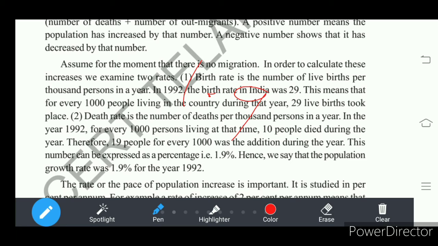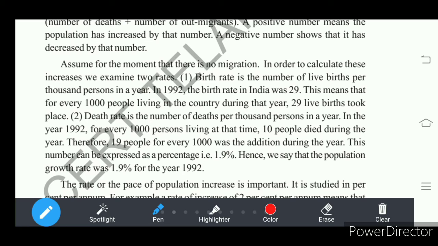How does it become 1.9? Look, it is 19 by 100. Understand? So that will be for 1,000 people, so it is 19 by 1,000 into 100. Understand? So two zeros cancel, one zero is there. If you remove this zero, here becomes a point.